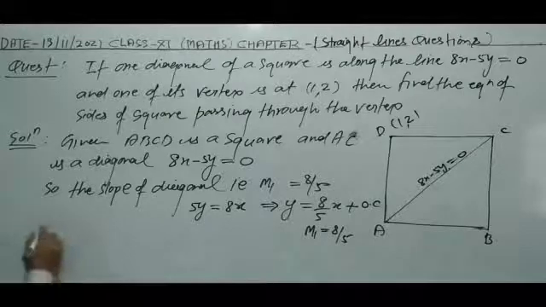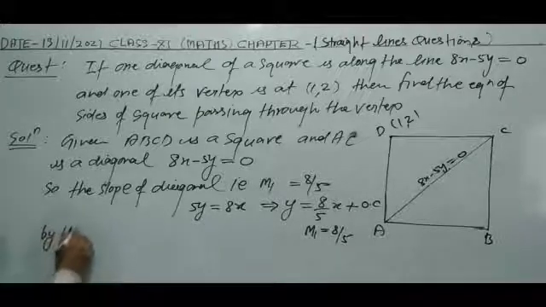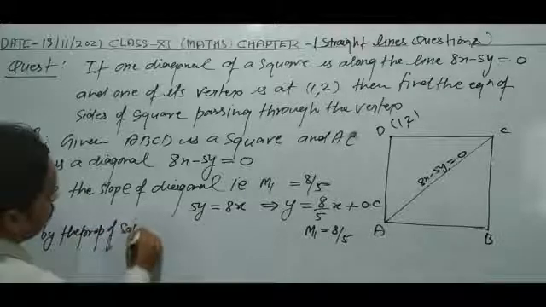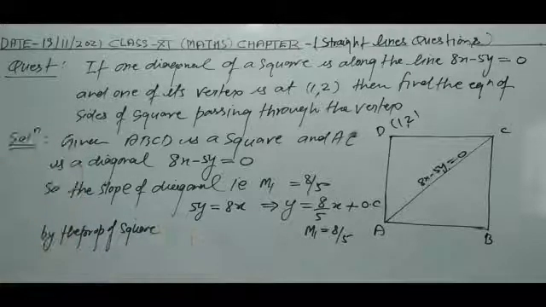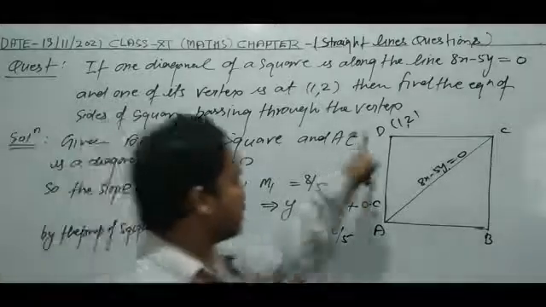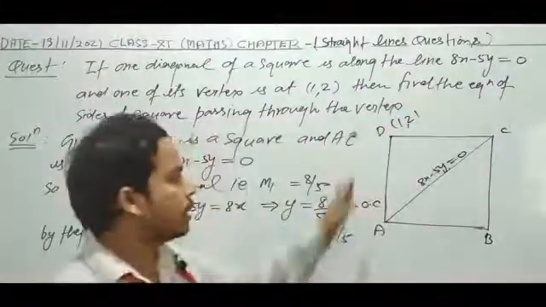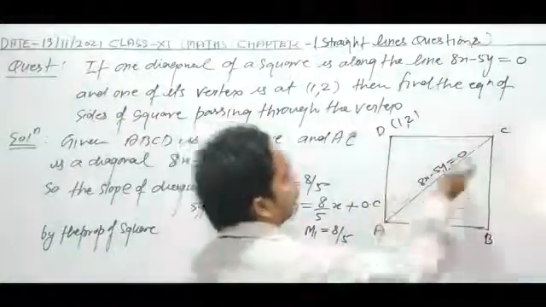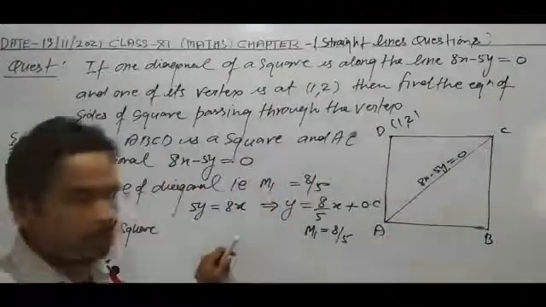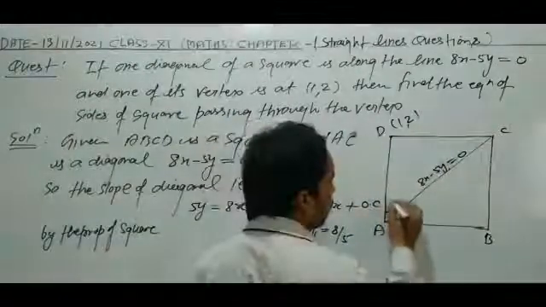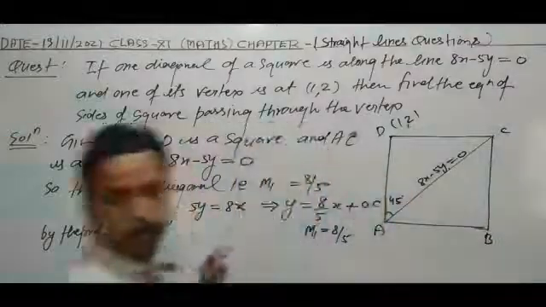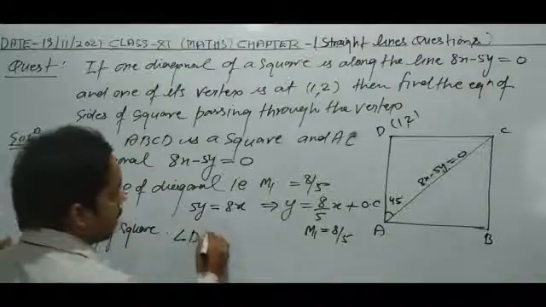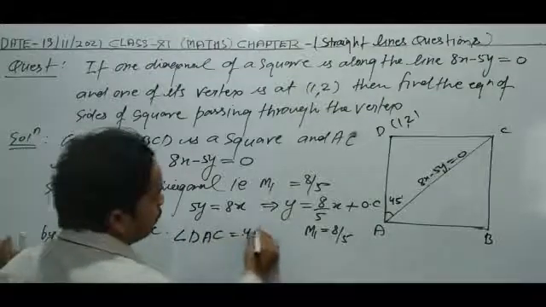By the property of square, we can say each side is perpendicular to each other, and diagonal of square bisects the vertex angle. So this angle will be 45. So angle DAC result is 45.